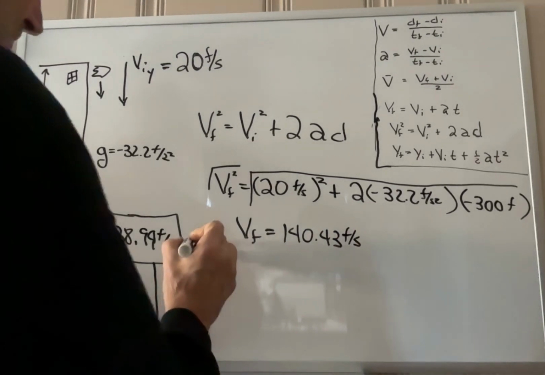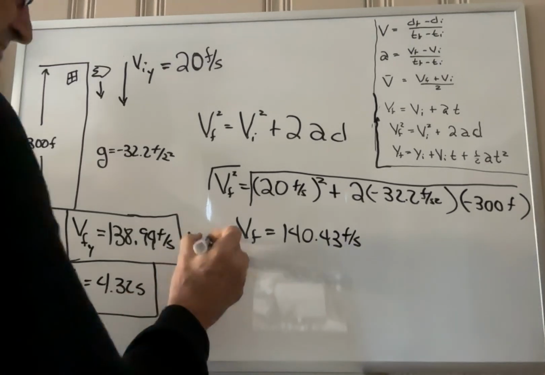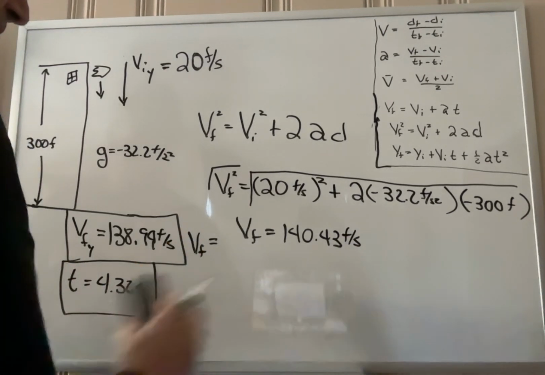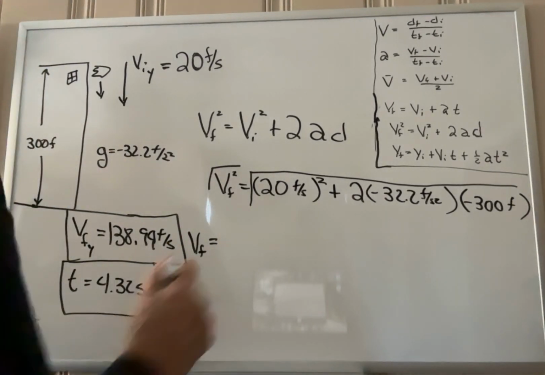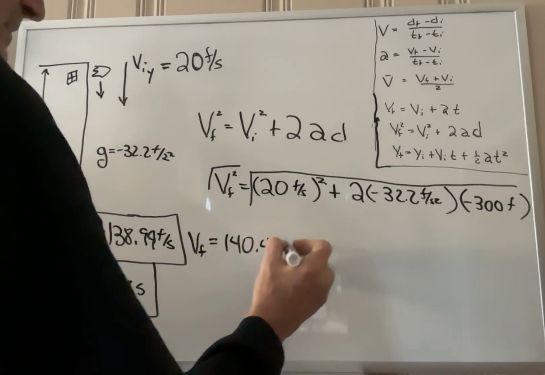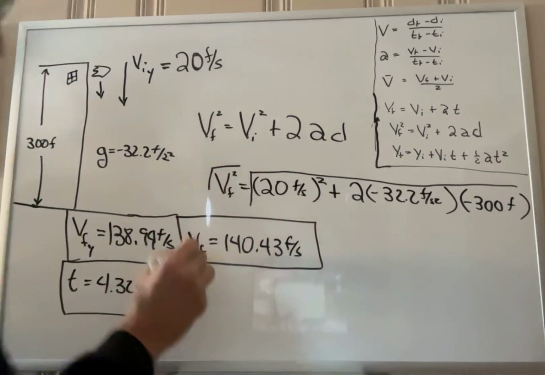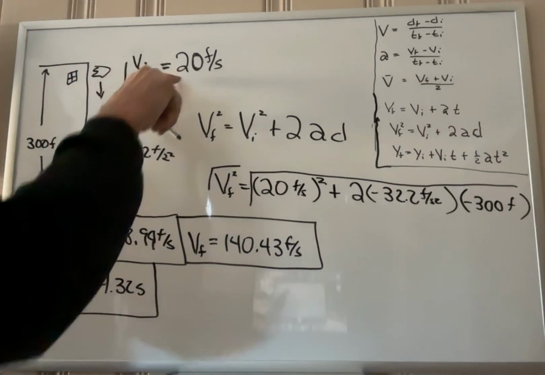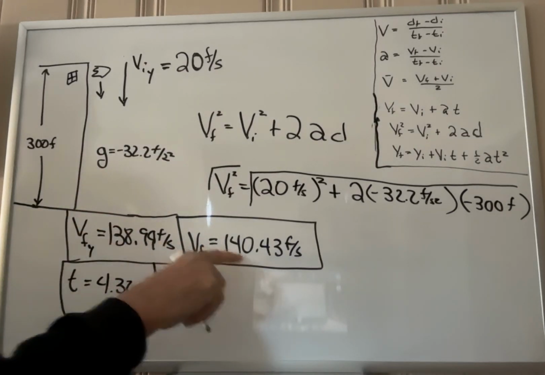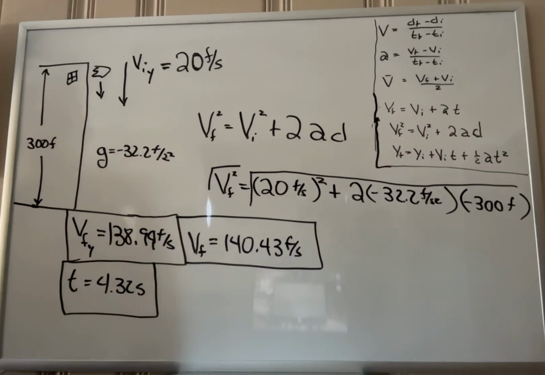So I know now that the velocity final over here in the second time through is 140.43 feet per second. Notice that this is not 20 plus that. This number is not this plus that, which I've seen so many times.